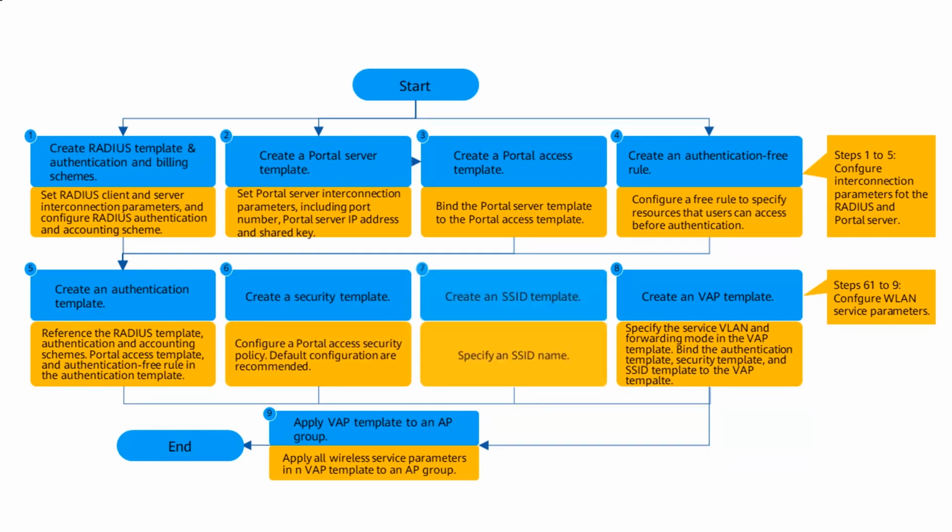After this, we create the security template and the SSID template, and then we combine all these three templates into what we call the WMP or virtual access point template, and in the final step we apply this template onto the AP group which we have already created. Creating the AP group, etc., is not exactly part of the portal authentication process. That's part of regular wireless LAN deployment. So now let's take a look at all these steps one by one, and then we'll move over to the configuration on the agile controller itself.